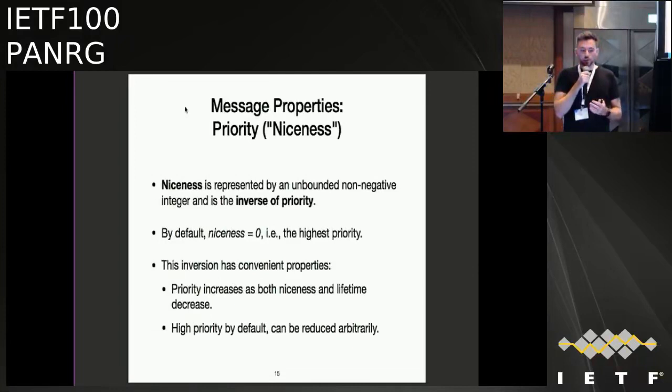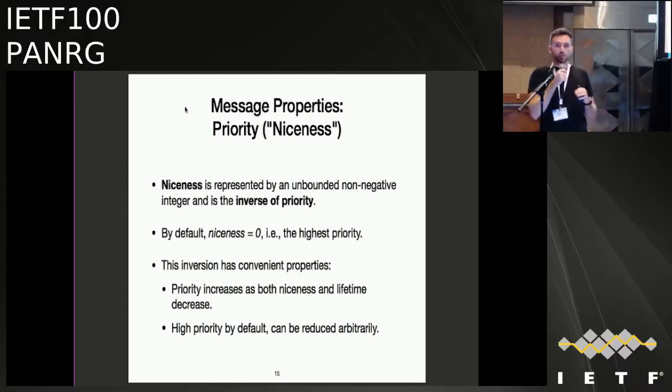Then there's niceness, which is just the inverse of priority. It goes together nicely with lifetime, because as both lifetime and niceness increase, priority decreases. So niceness is sort of the equivalent of lifetime for reliable transport.